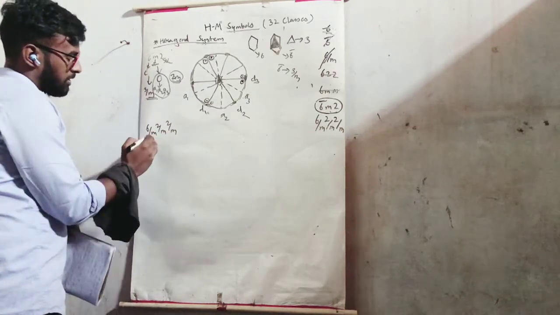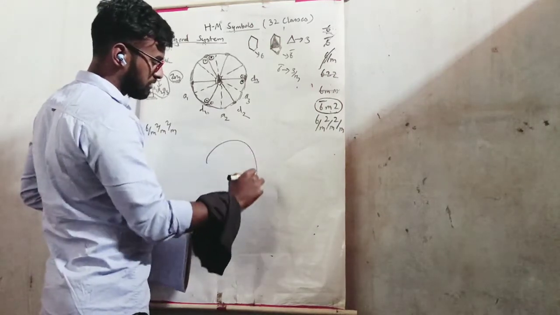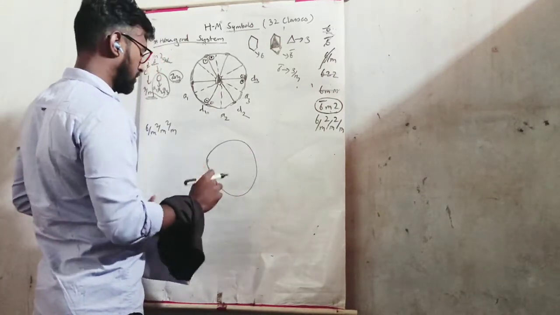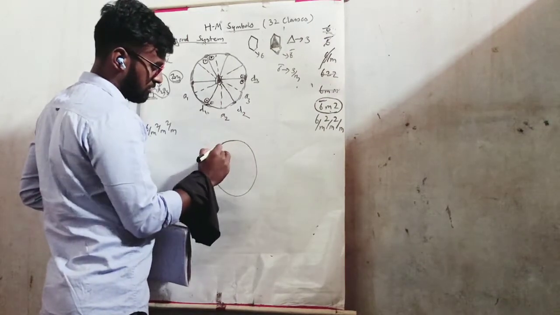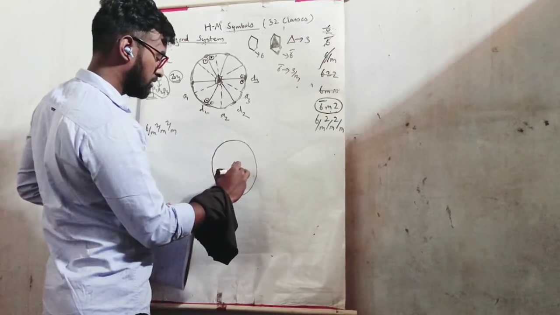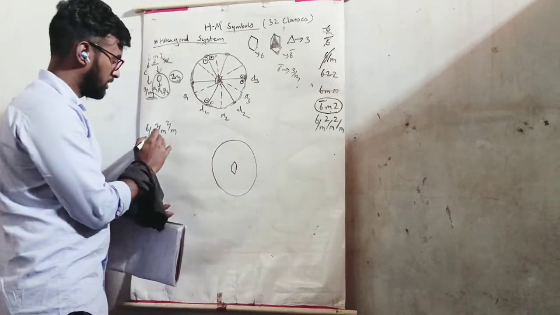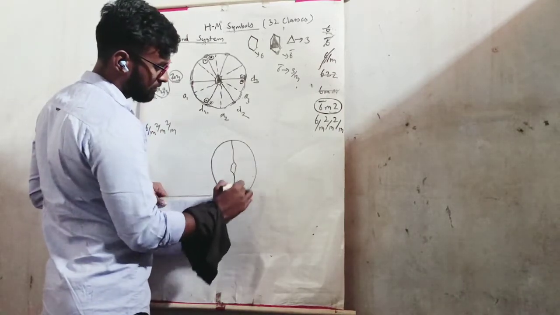Because the plane perpendicular to the c axis is a mirror plane, it will be a solid one. One six-fold axis. Others are also mirror planes. All mirror planes with two-fold.